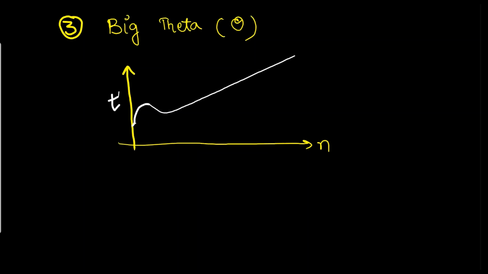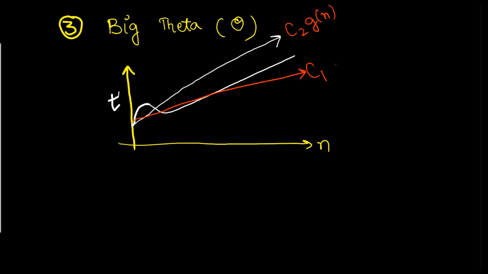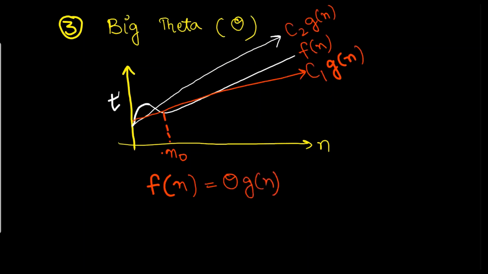Here we will take the upper bound as well as the lower bound, and these are differentiated in terms of C2 and C1. Both are upper and lower bounds for f(n), where we will have n naught, so that we can write f(n) is equal to theta of g(n).